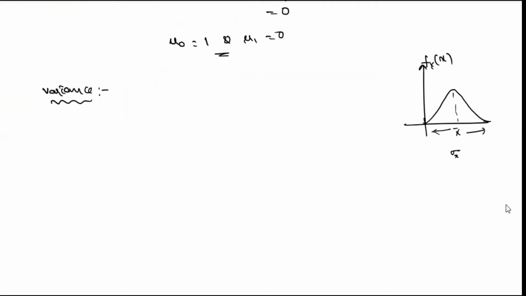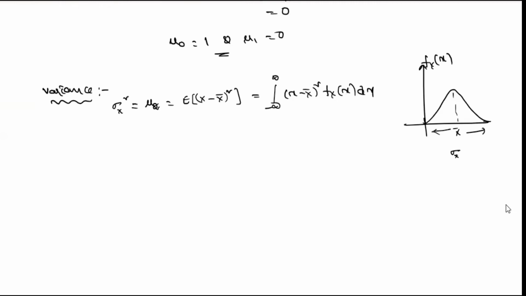When you go for the definition of the variance, the second order central moment, that is nu2, the expected value of (x minus x bar) whole square is taken as variance, and you can give the formula: integral from minus infinity to plus infinity of (x minus x bar) whole square f_x(x) dx. This is also represented as sigma x square.